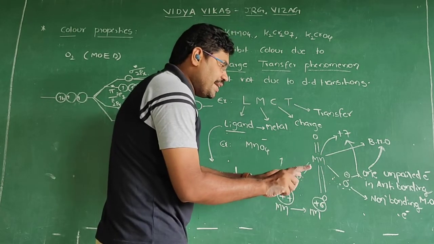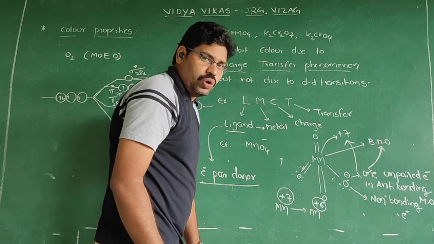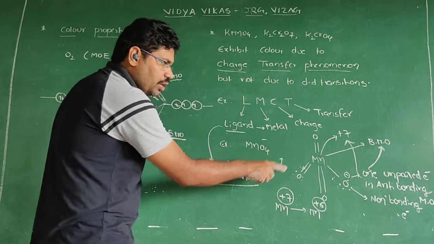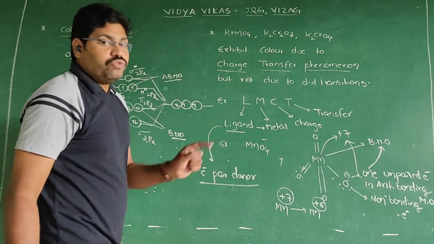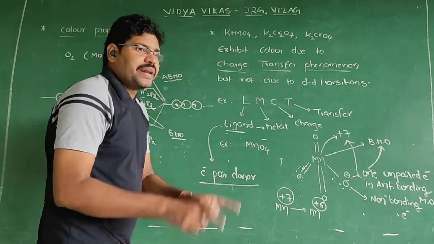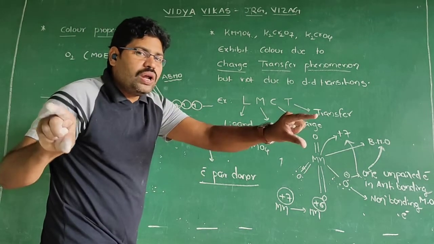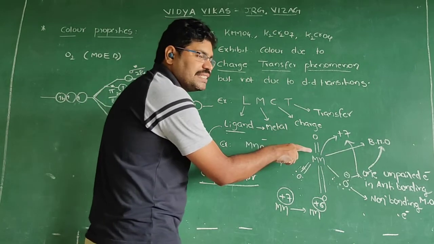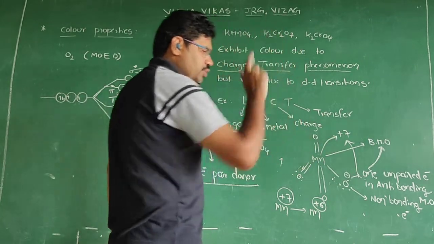The emitted radiations belong to which color in the visible zone? That compound exhibits that color. In the case of KMnO4, the emitted radiations are in the purple color zone, and that's why KMnO4 exhibits purple color, dear students.